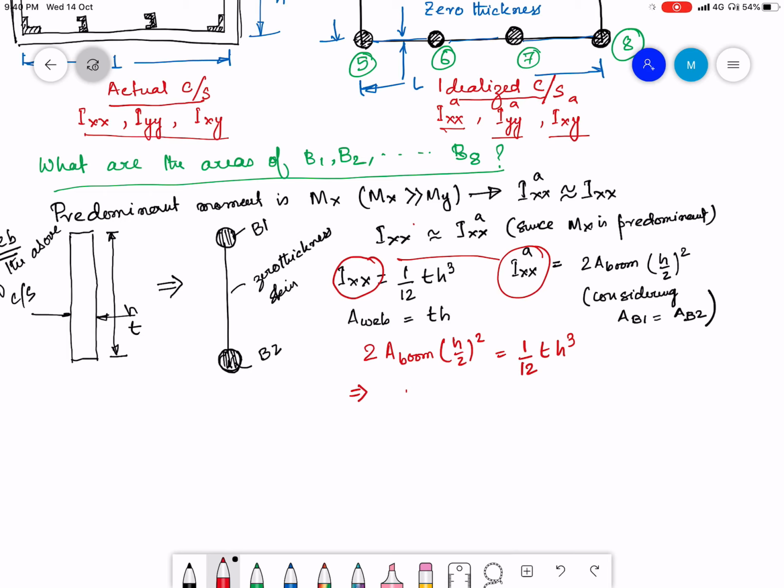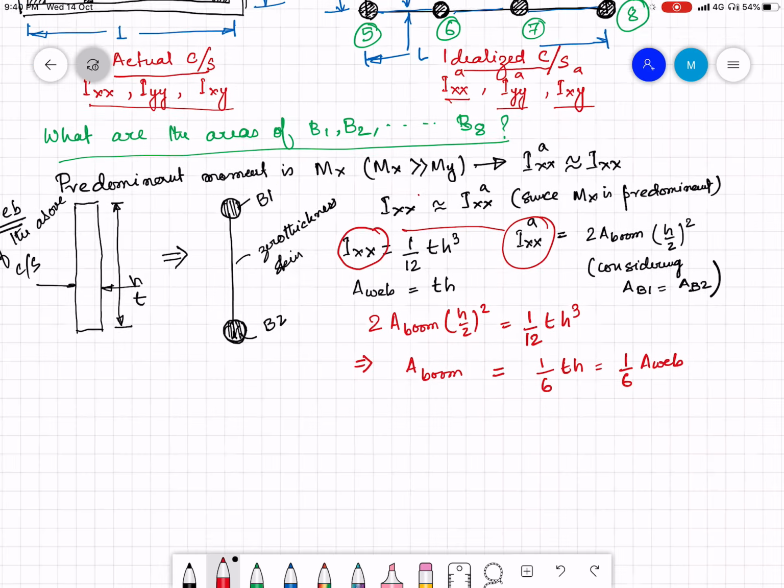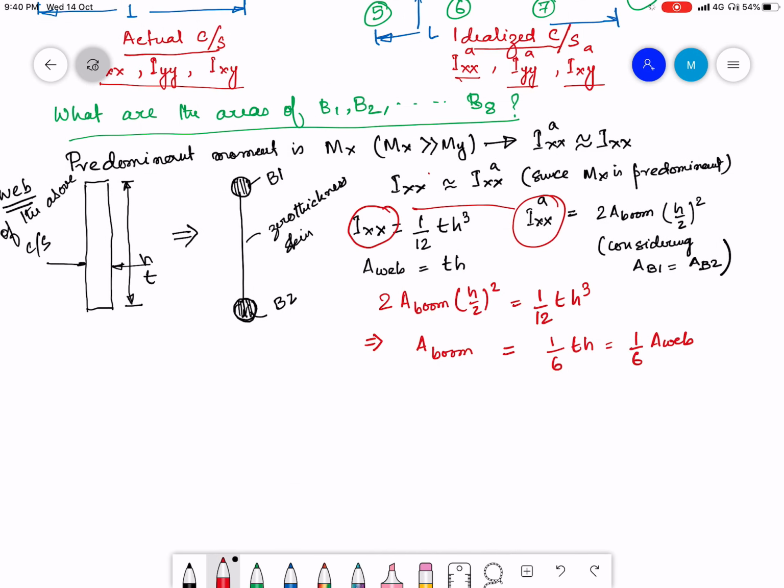If I calculate that, a boom is going to be 1 by 6 of the area of the web. So this is called the 1/6 rule. Among the designers or aircraft structural analysts, this is called the 1/6 rule for a vertical web.